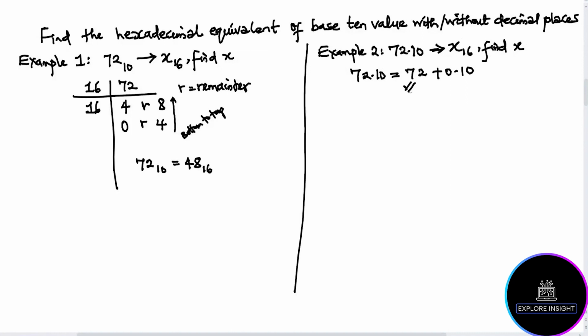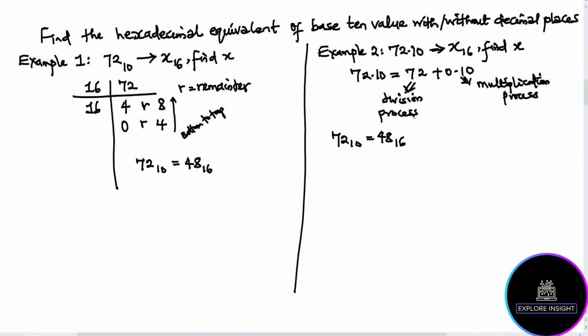Now this 72, we will use the division process, whereas for the other value, we are going to use the multiplication process. This is very vital, kindly take note of that. For this division process, 72, we have already solved it, and 72 gave us a value of 48 in base 16.